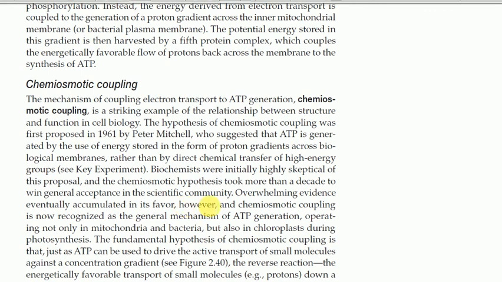Chemiosmotic coupling is now recognized as the general mechanism of ATP generation operating not only in mitochondria and bacteria but also in chloroplasts during photosynthesis. So unaweza kuona hiyo chemiosmotic coupling jinsi ambavyo inatokea.